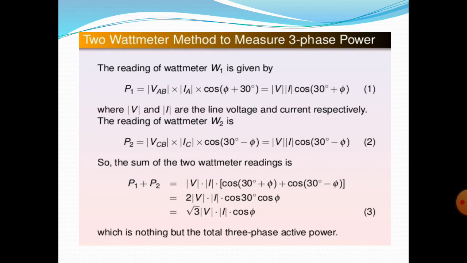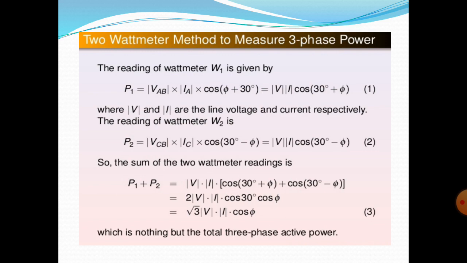So the equation can be rewritten as P1 = V I cos(30 + φ). This is equation number 1. Here V and I are line voltage and line current respectively.